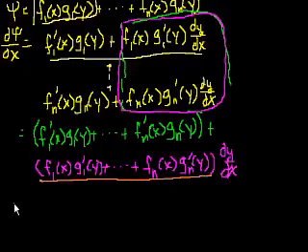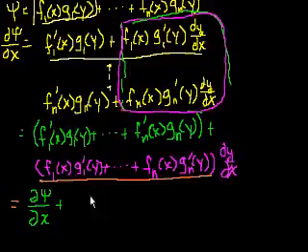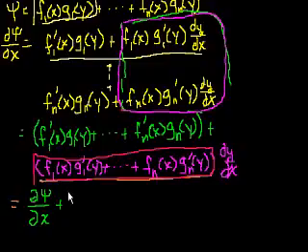So you could write this green as the partial of xi with respect to x plus, what's this purple? Let me do it in a magenta. This right here is the partial of xi with respect to y, and then times dy/dx.